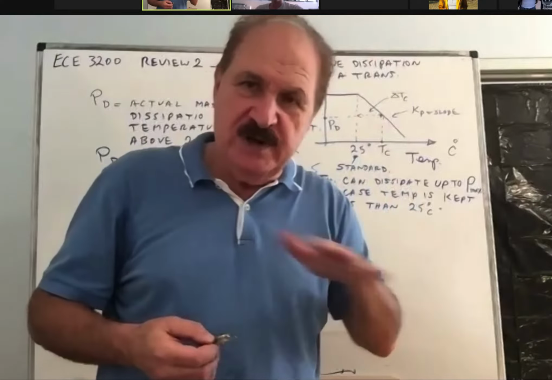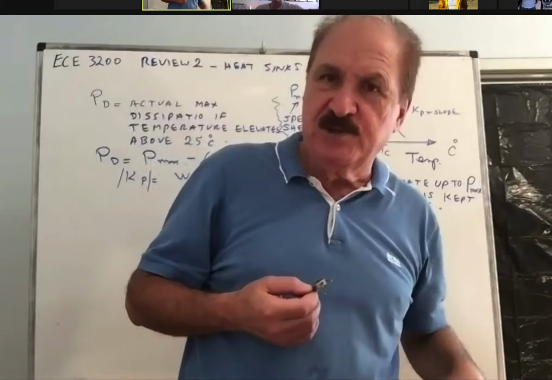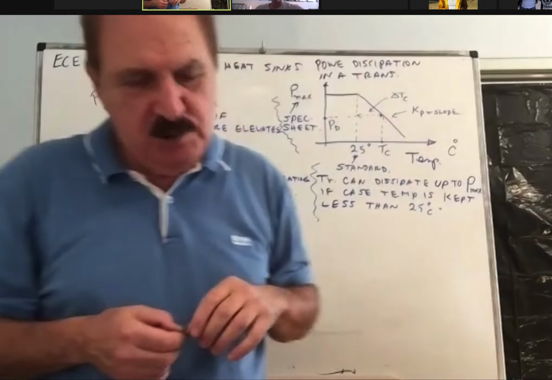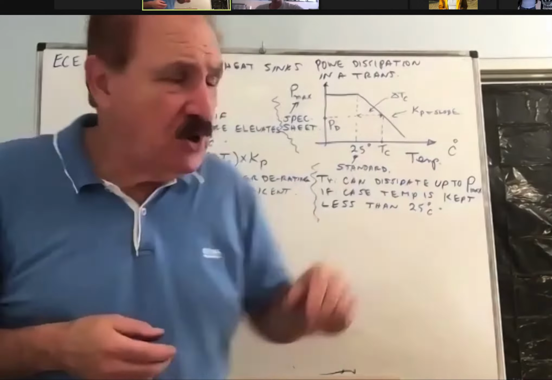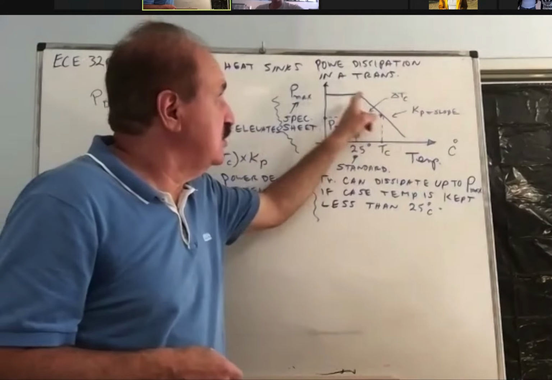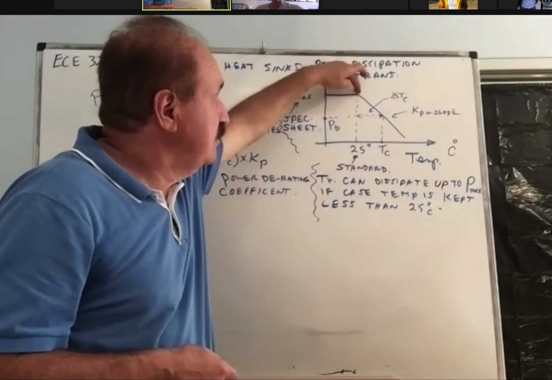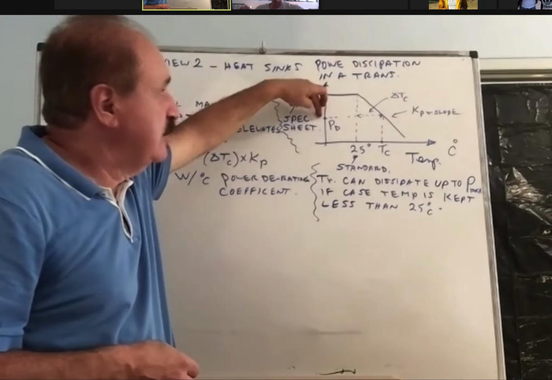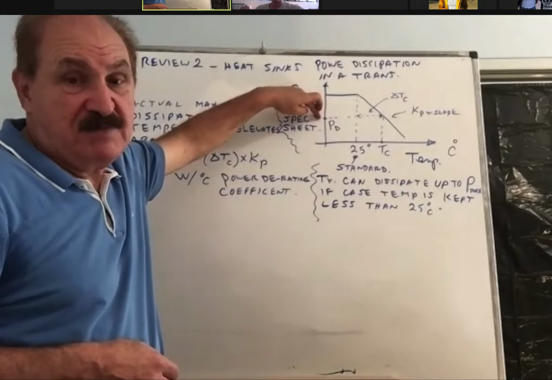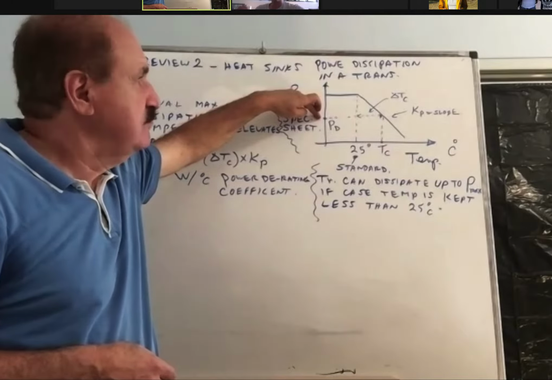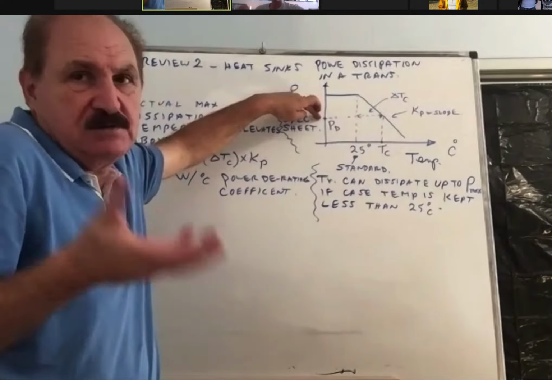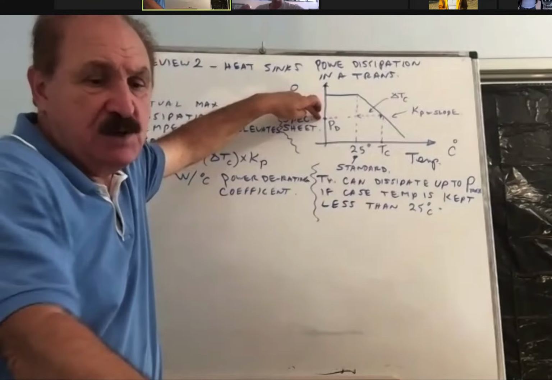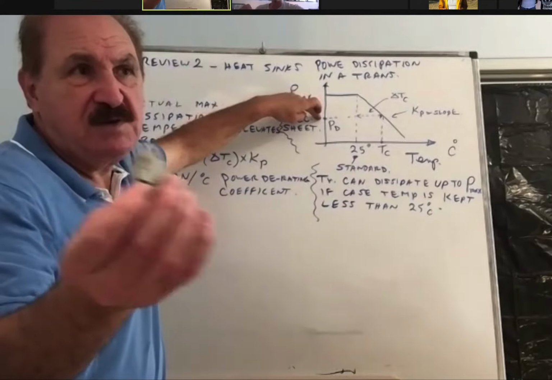I bet the one that can take a higher temperature is more expensive. It should be. So you need to know the slope of that line so you can predict your operating temperature and how much power you can expect to dissipate in it, as part of your application.